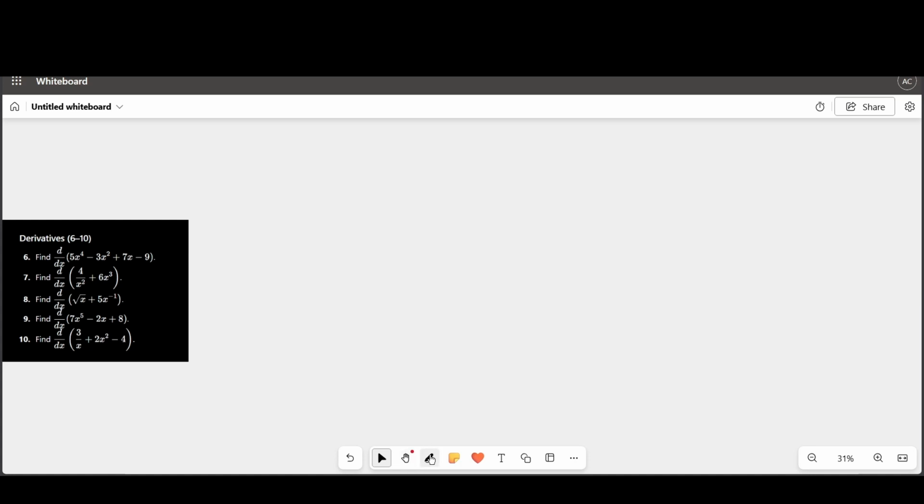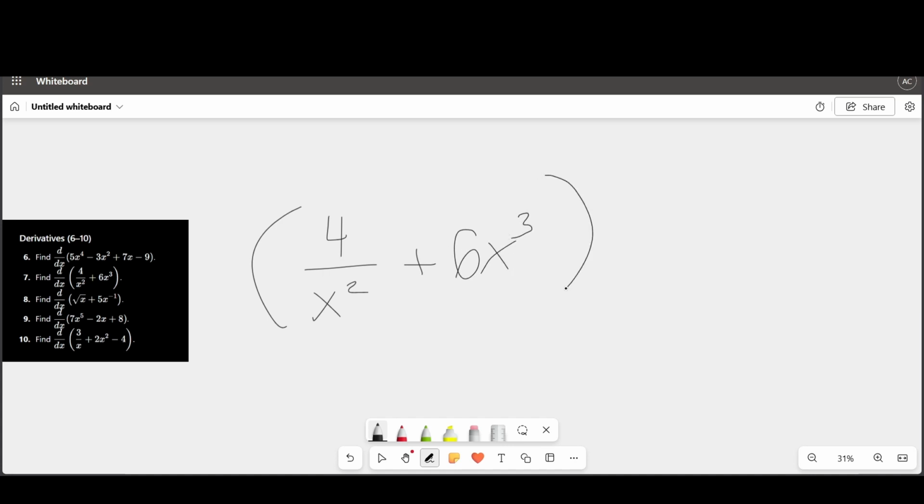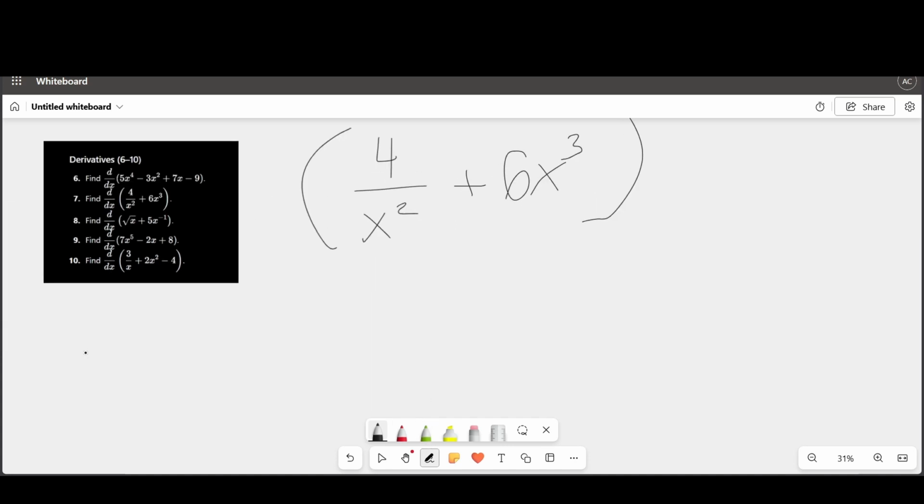This is the derivative of 4 over x squared plus 6 x cubed. So we have to differentiate first. Okay. Let's just differentiate first.